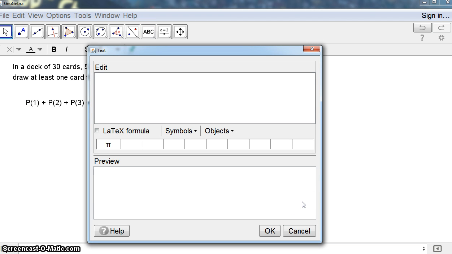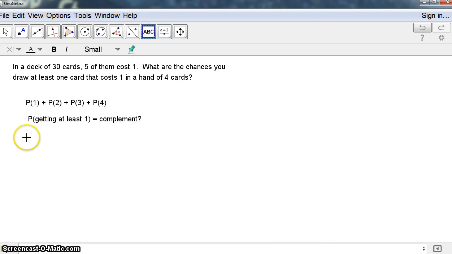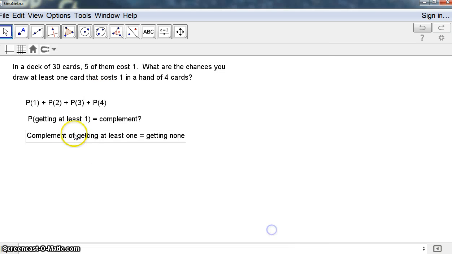One idea here: the probability of getting at least 1, what is the complement of that? Well, the complement of getting at least 1 has to be getting none, because that would be the opposite.